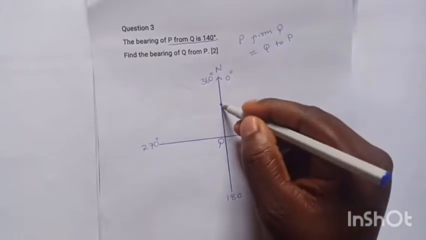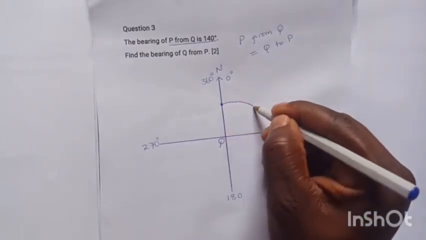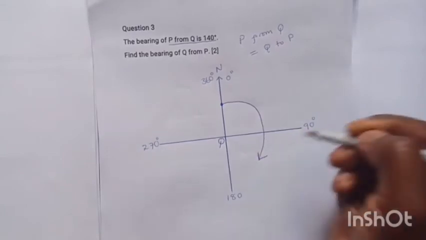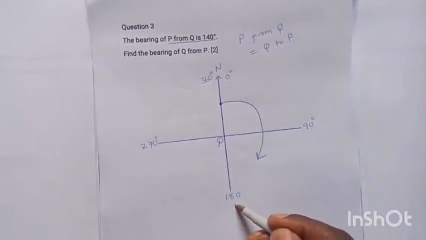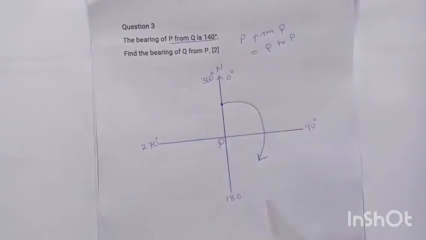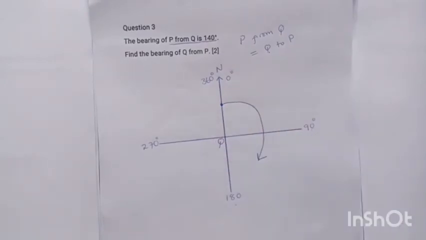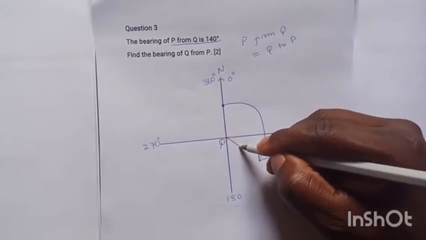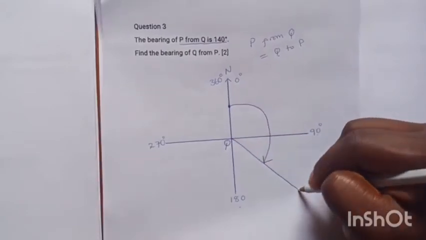So I'm going to draw an arrow which I'm going to place in the second quadrant between 90 and 180, where 140 is located. Then I'm going to draw a straight line from the center of the compass touching the arrow.